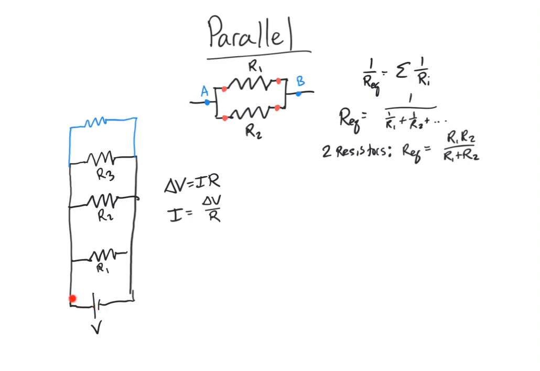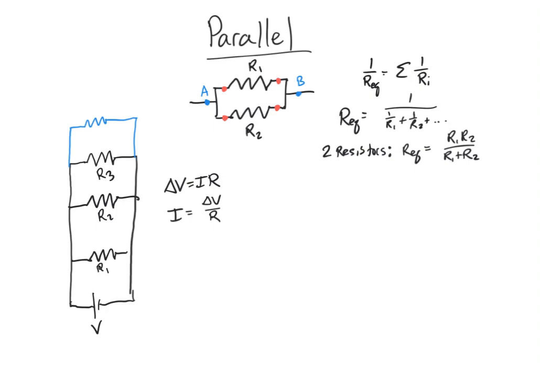Instead of the electrons having to squeeze through the existing paths, I'm giving them a whole other path. So think of this like a crowded room trying to leave through 3 doors. If I open a fourth door, it's still going to speed up how quickly they're able to exit. I'm going to have a greater flow of people leaving the room than if I only had 3 doors open. So that's kind of what's going on in a simple parallel circuit.